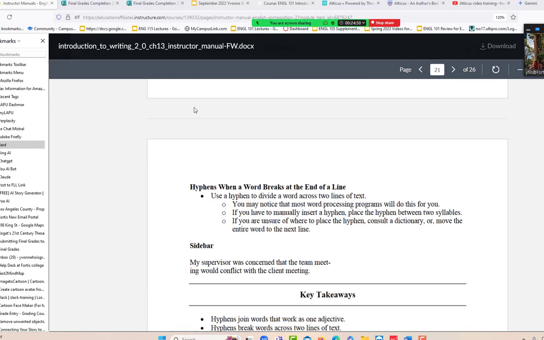Hyphens when a word breaks at the end of a line. Use a hyphen to divide a word across two lines of text. You may notice that most word processing programs will do this for you. If you have to manually insert a hyphen, place the hyphen between two syllables. If you are unsure where to place a hyphen, consult a dictionary.